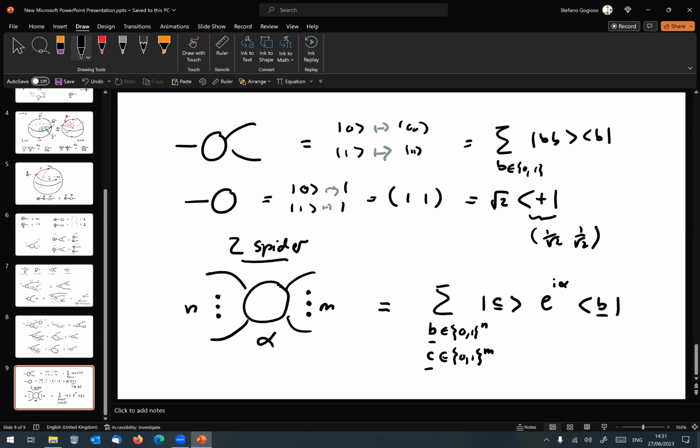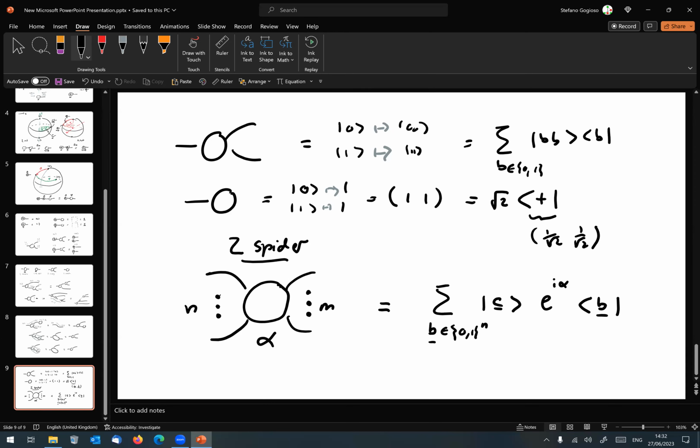In fact, I don't want to take all bit strings. I want it to be so that it copies. Don't write it down yet because I'm going to erase it. I don't want it to have all possible bit combinations. I want them to be special because I want 0 to go to 0, 0, and 0 to go to 0, 0, 0, 0, 0. So actually, these are not all bit strings. They're just some bit strings.